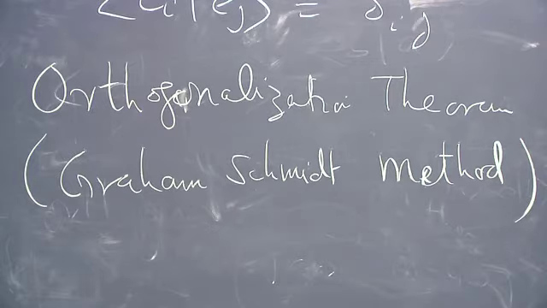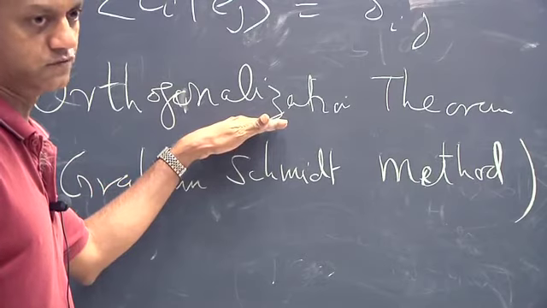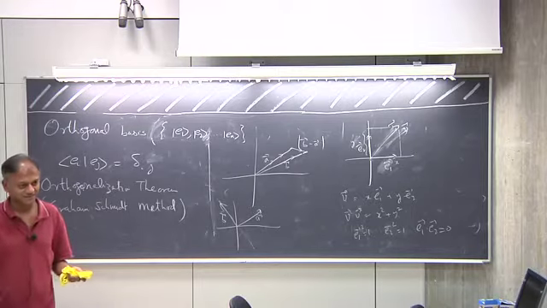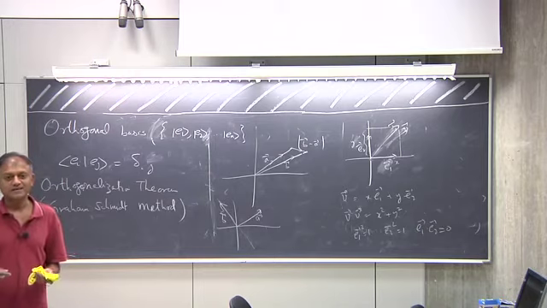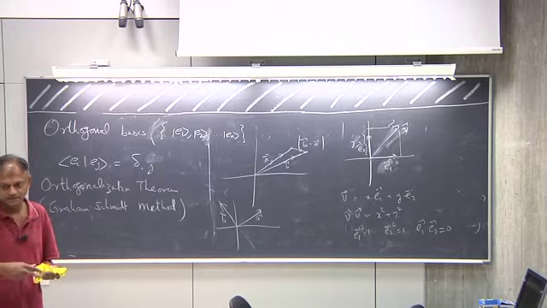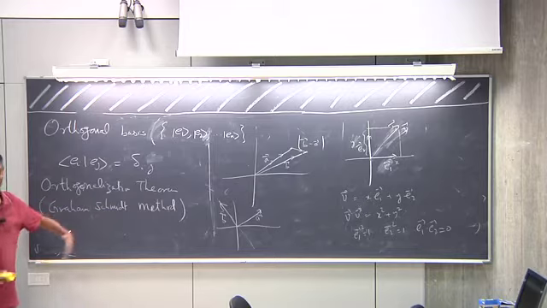The proof of the theorem is a constructive proof, in the sense that it is given by explicitly constructing the basis. It gives a method for how to construct it recursively, step by step. That's why it's called the Gram-Schmidt method, because it gives you a method to construct an orthogonal basis.